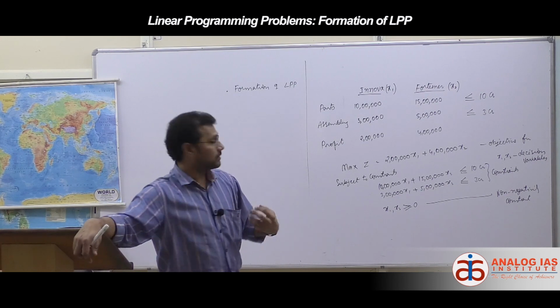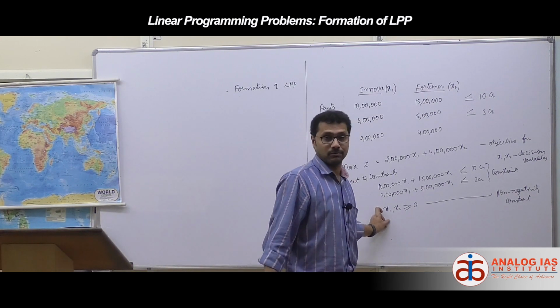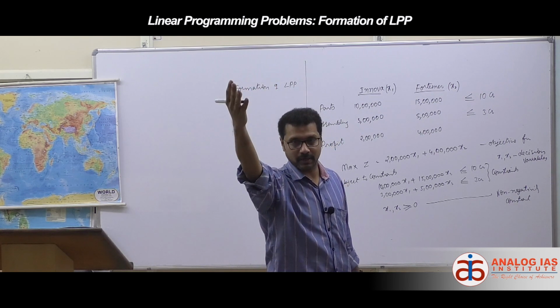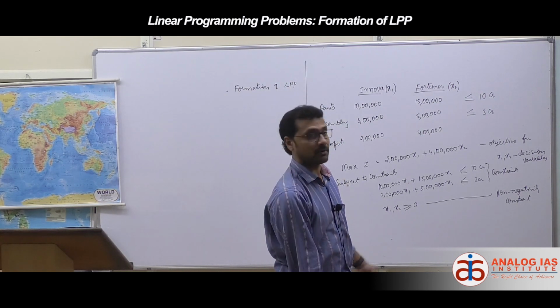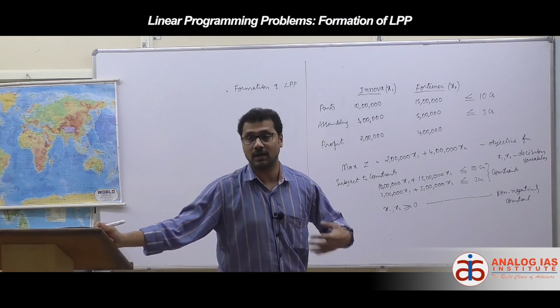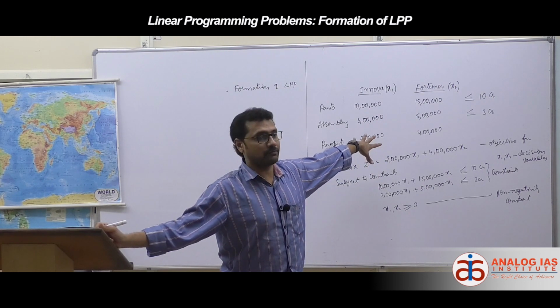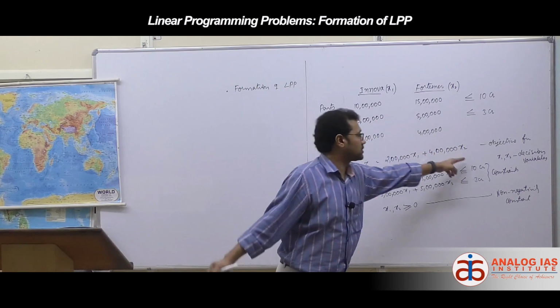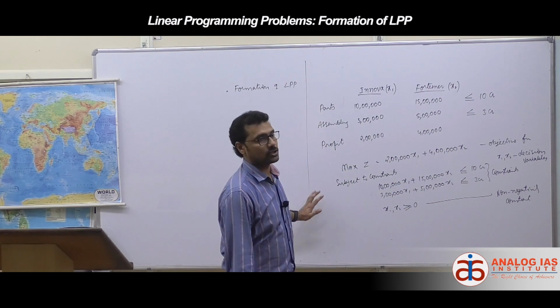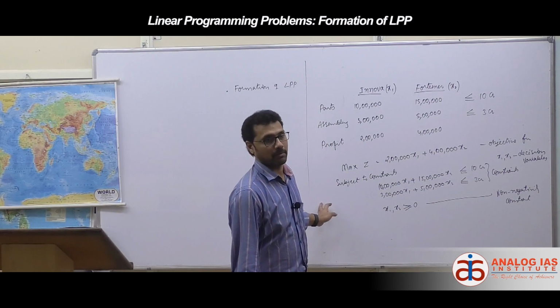So I have to convert them into integers also. I mentioned integer programming, right? Integer programming is all about finding X1 and X2 which are integers, so that my objective function is maximized and still within the constraints that I have. Are you getting that? This is called a linear programming problem.